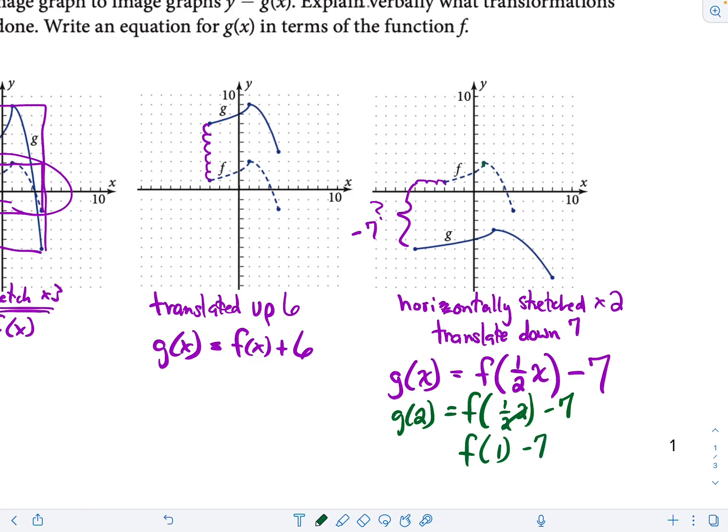I look at where f of 1 is, and that's 3, and then I go down 7. That's -4. So the point 1, 3 goes down to 2, -4.